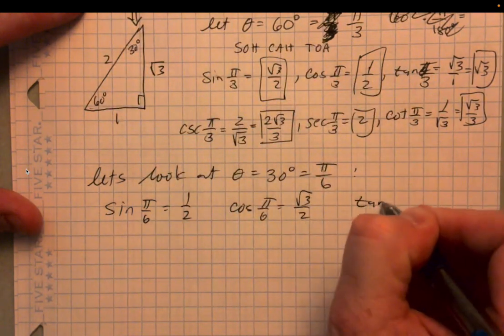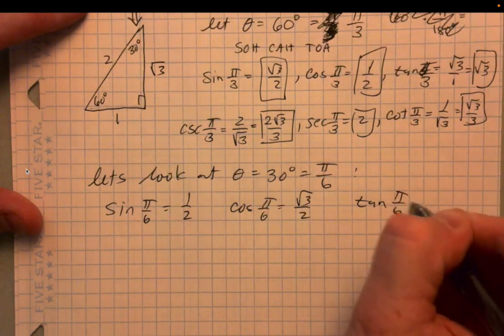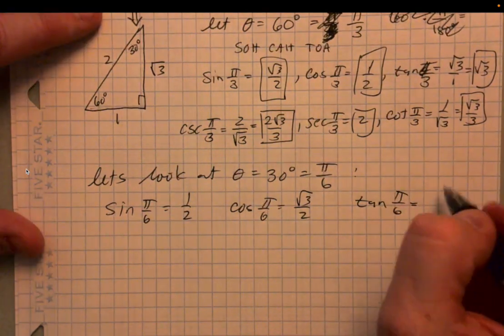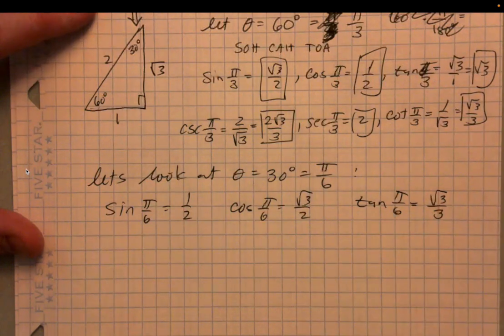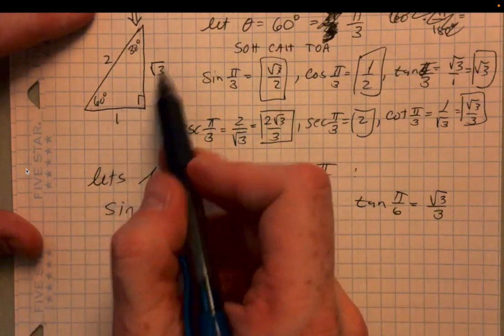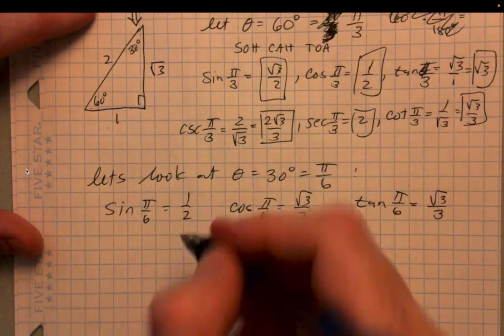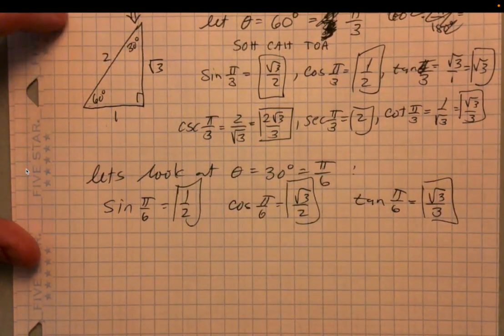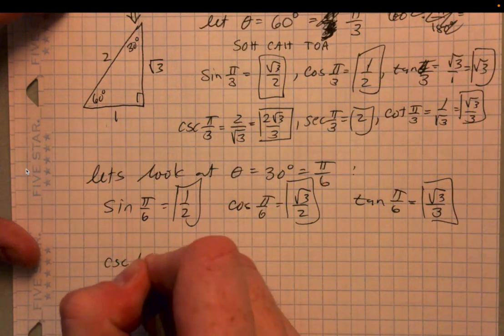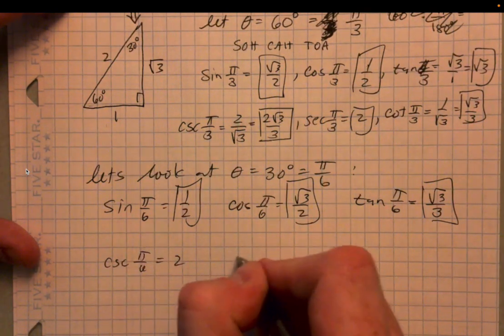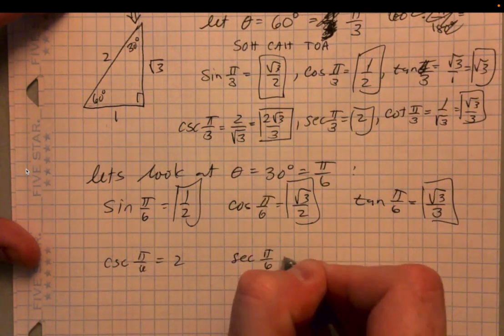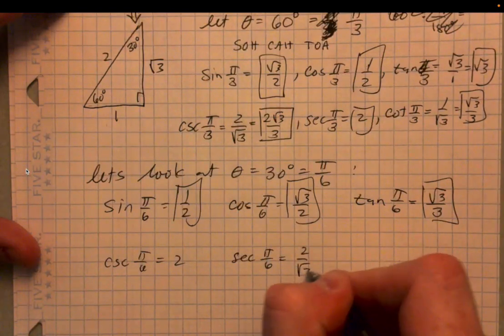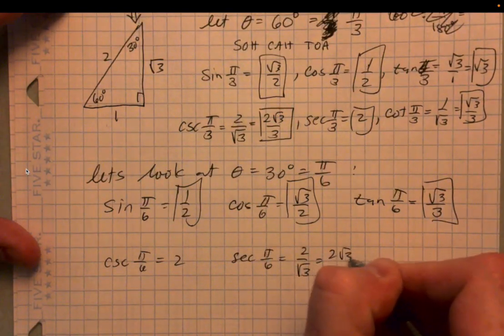And then the tangent of pi over 6 is equal to square root of 3 over 3, 1 over the square root of 3, basically this over that, rationalize. Right, so you've got those three. And then the others are just the reciprocal again. Cosecant of pi over 6 is 2. Secant of pi over 6 is 2 over the square root of 3, which is 2 square root of 3 over 3.